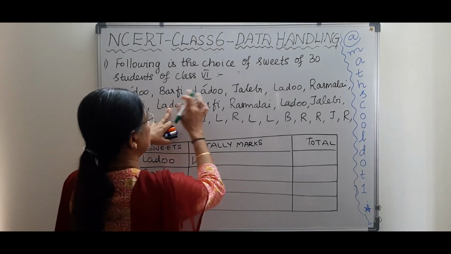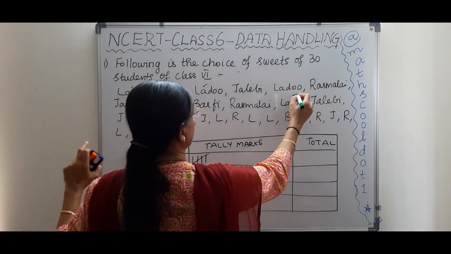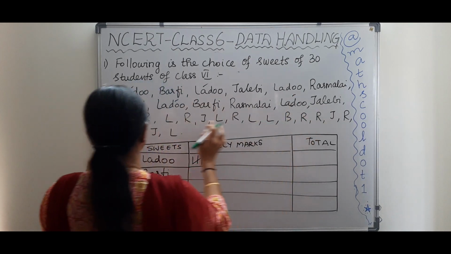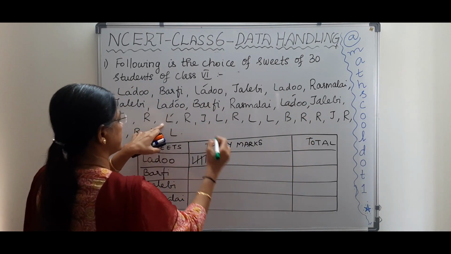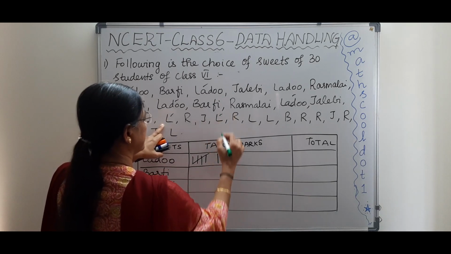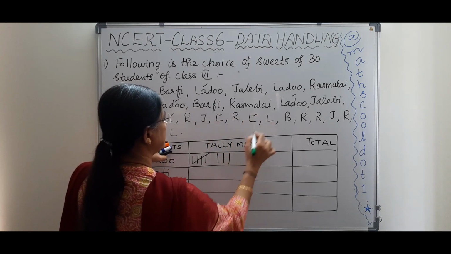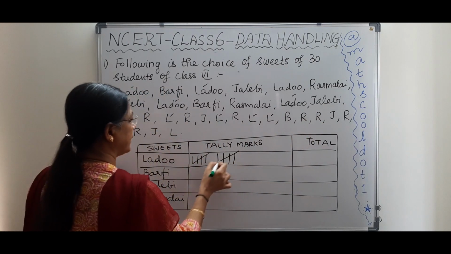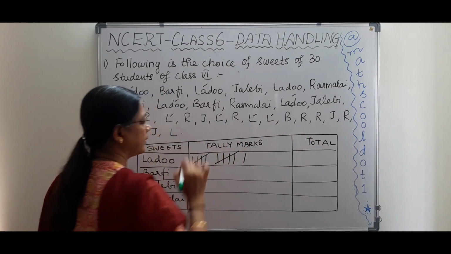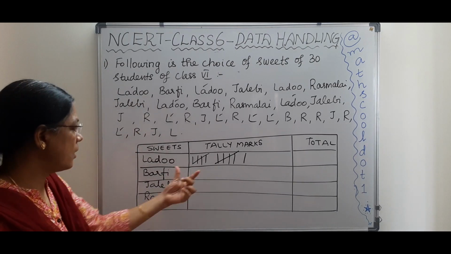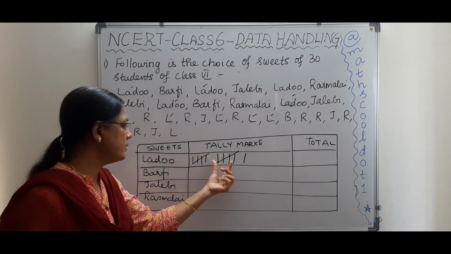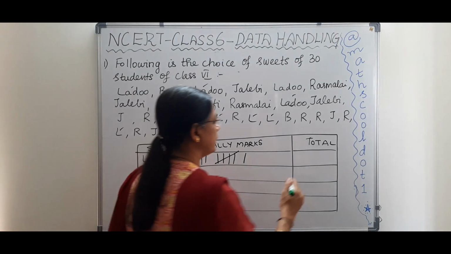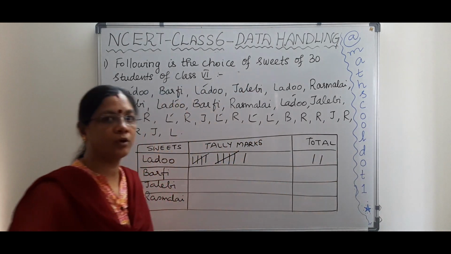So 5, and then 6, 7, 8, 9, 10, and again 1, 11. See how easy it is. Now 5 plus 5, 10, 10 and 1, 11. So 11 likes are there for laddu.